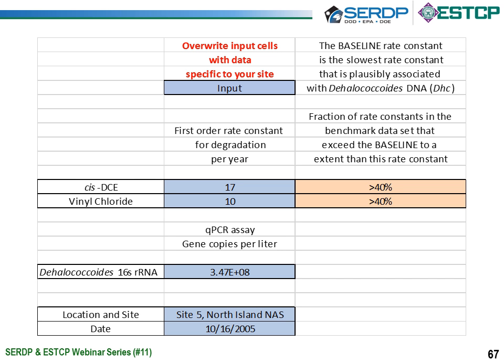Let's take a look at the density data from the other well that was further down the flow path. In this particular case, 40% of the benchmark or poster child sites exceeded the rate that would be predicted from 3.47 times 10 to the 8 Dehalococcoides gene copies per liter.